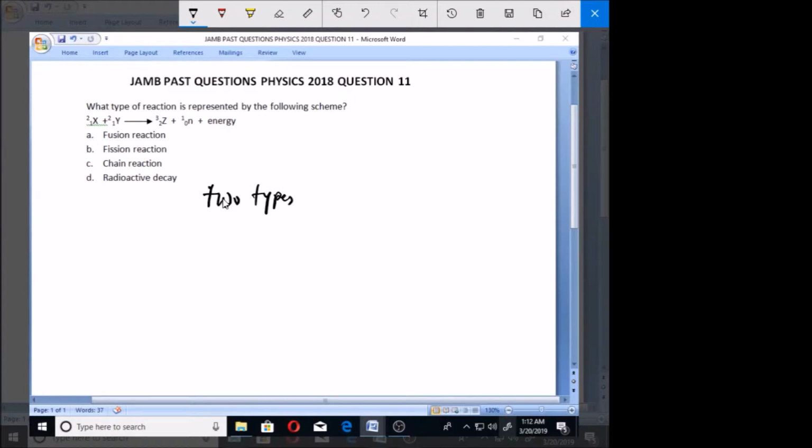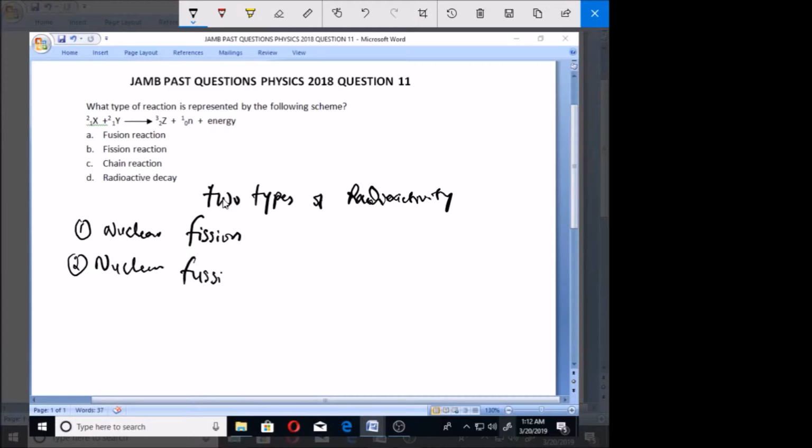These are the two types of artificial radioactivity. Number one is what we call nuclear fission. Fission is whenever there is breaking down to form smaller ones. Number two is what we call nuclear fusion. Fusion is when two are coming together to form one. So those are the two types.